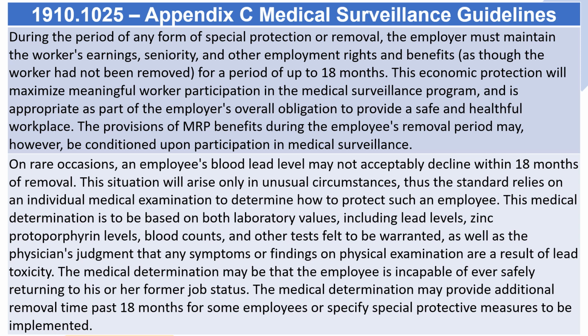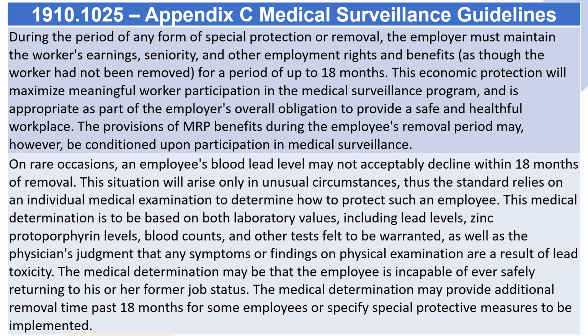On rare occasions, an employee's blood lead level may not acceptably decline within 18 months of removal. This situation will arise only in unusual circumstances, thus the standard relies on an individual medical examination to determine how to protect such an employee.